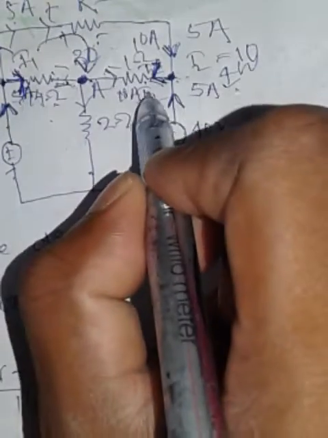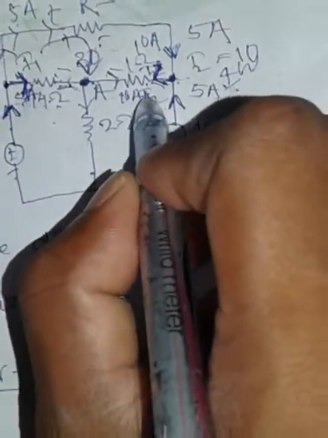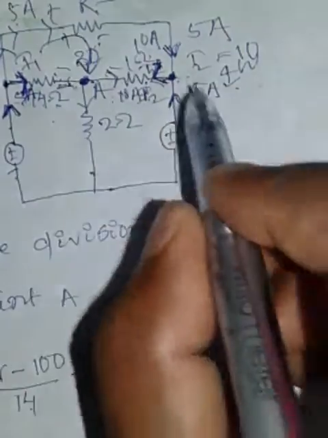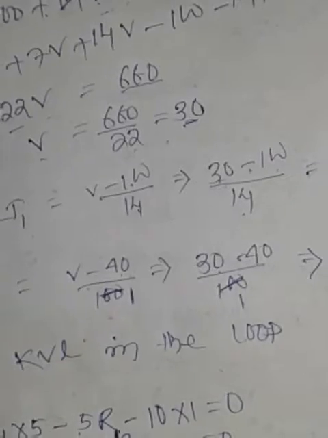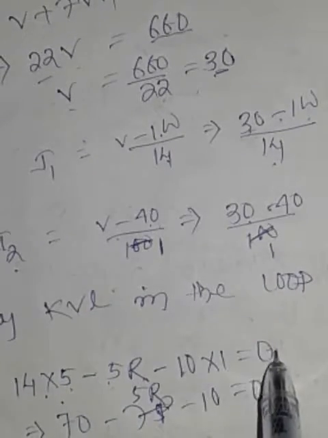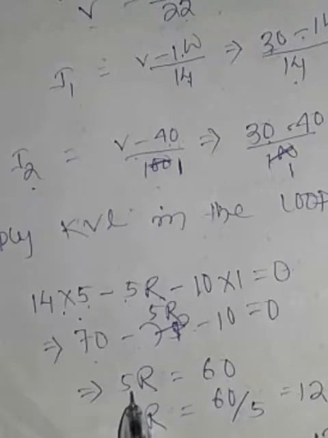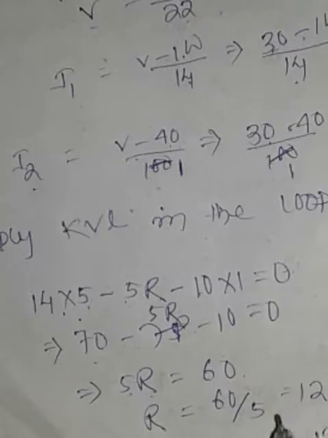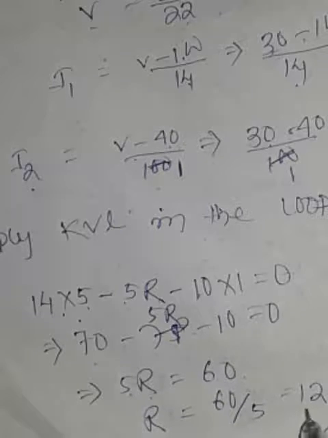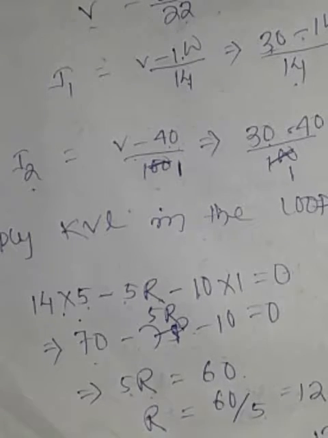And in this way, this is positive, negative, and minus 10 into 1. So 14 into 5 minus 5R minus 10 into 1 is equal to 0. So 70 minus 5R minus 10 is equal to 0, 5R is equal to 60. R is equal to 60 by 5, which is 12 ohm. So the R value will be 12 ohm.